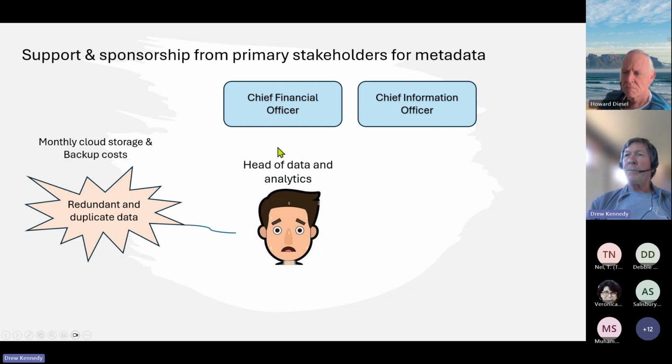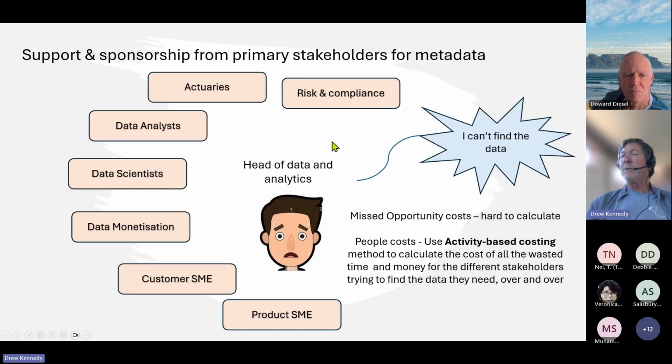So to build up a case for metadata to be able to reduce this, these 2 people have to get involved, which is going to take a little bit of discussion, coercion, planning. But bottom line, for the head of data and analytics, if that's the title you're using, to be proposing a metadata solution to reduce the costs, where it's actually the responsibility of these 2 people, he needs to get that buy-in from them. And we take that one and we say, right, more sponsors, support and sponsorship.